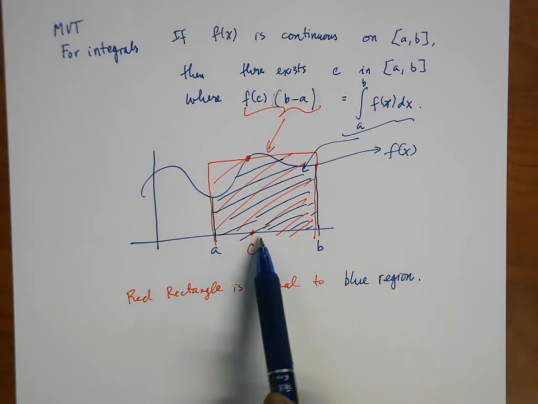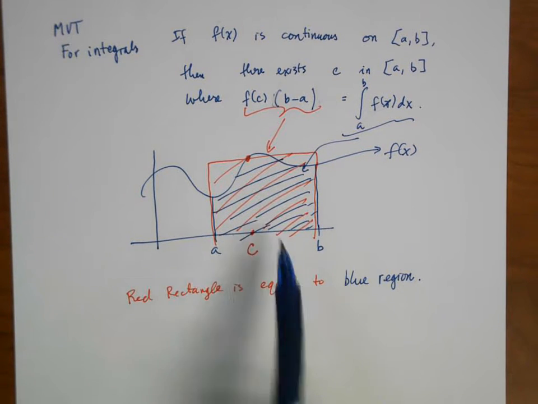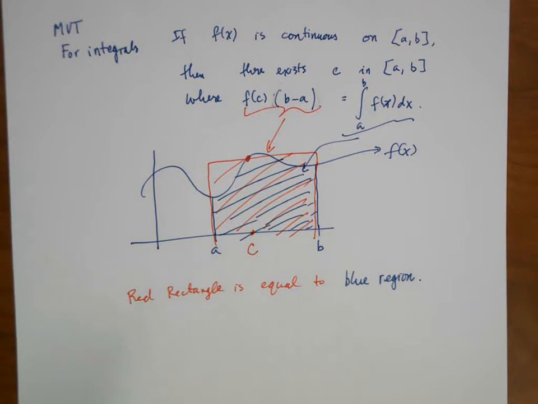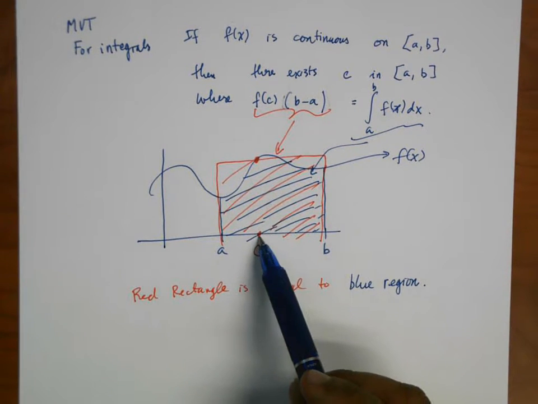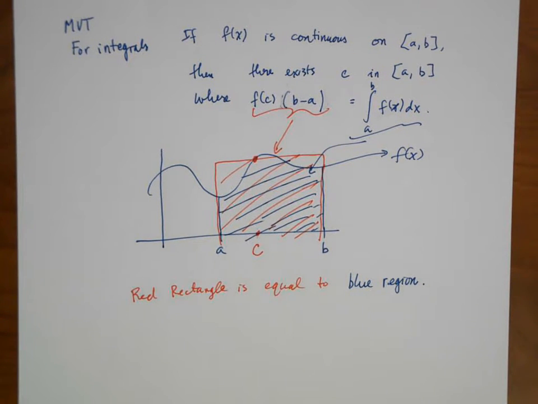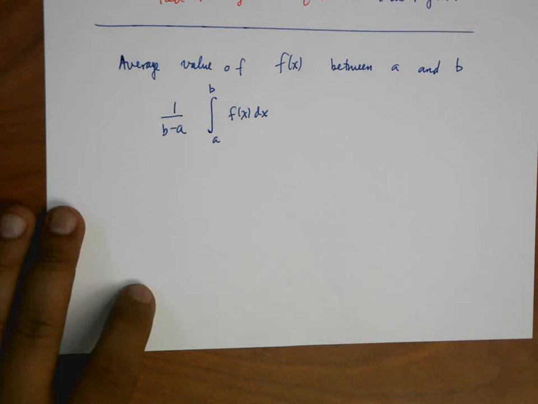It's probably not what I drew here, because this is a very poor drawing, but it's important to understand what the theorem says. And we'll also do some work where we find out what this point actually is for any specific function.